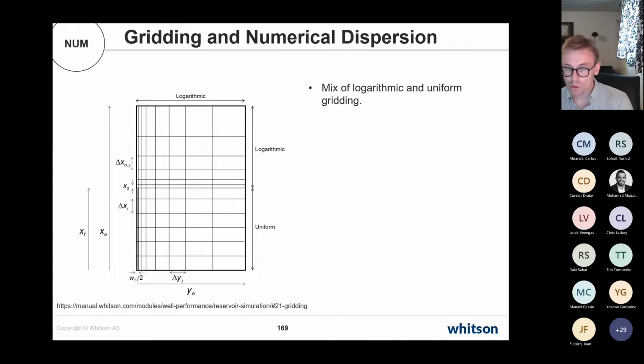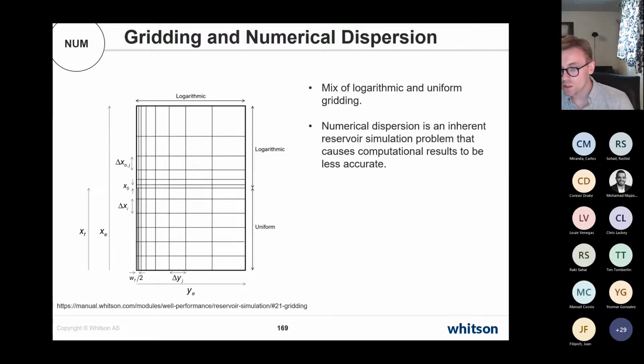Important for those of you who are using numerical models is that numerical dispersion is always inherent in any type of computational numerical simulation. Reservoir simulation is just one example of that. If your gridding is too sparse, it can cause issues, and those issues can lead to results being less accurate.